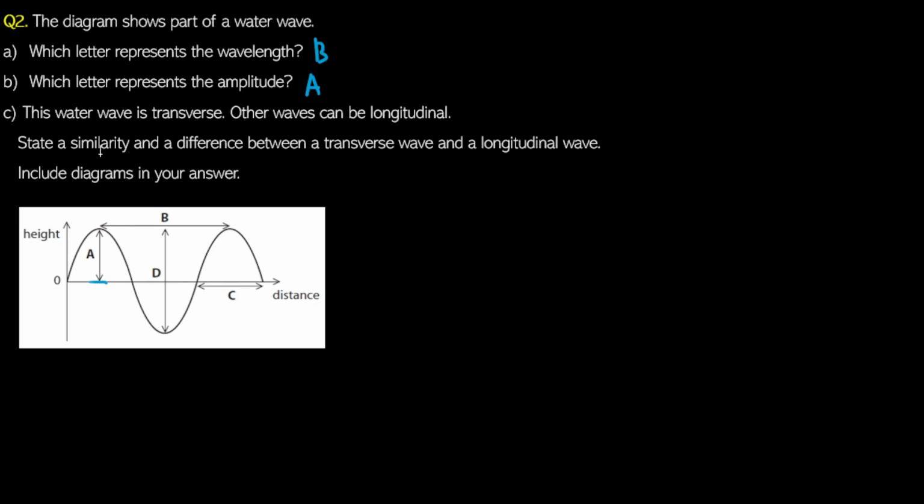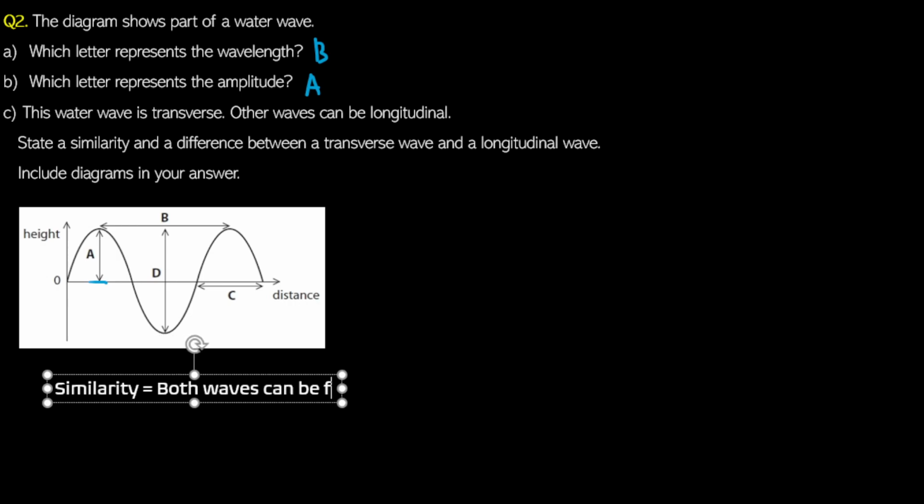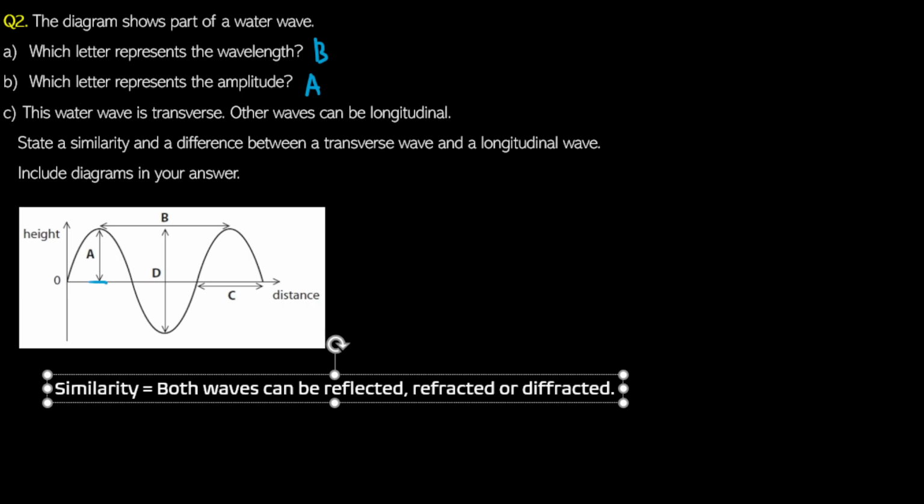If you want to give a similarity between transverse and longitudinal waves, the similarity would be that both waves can be reflected, refracted, or diffracted. So that is your similarity.